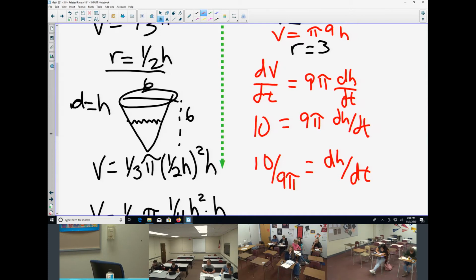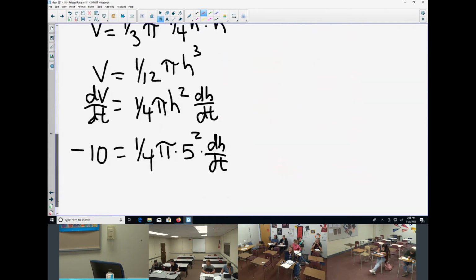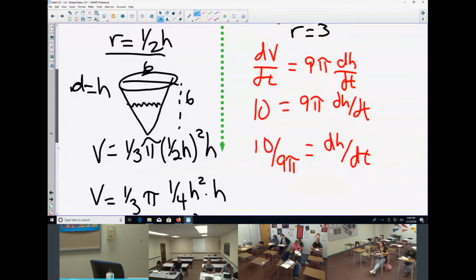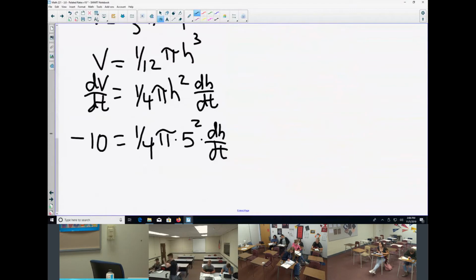And then this would be the change in the height of the cone. So this would be negative 10 equals 25 pi fourths dh/dt.